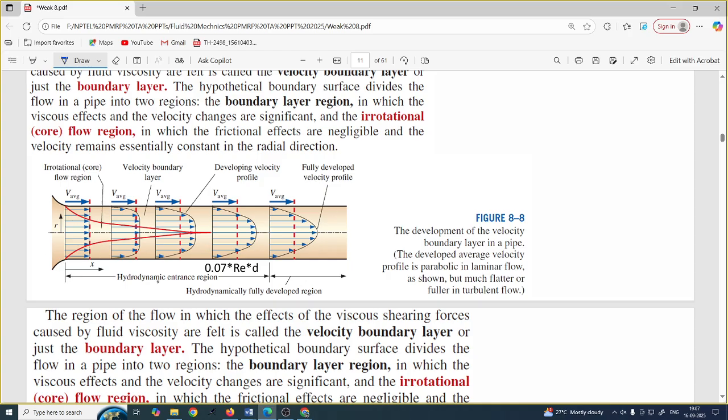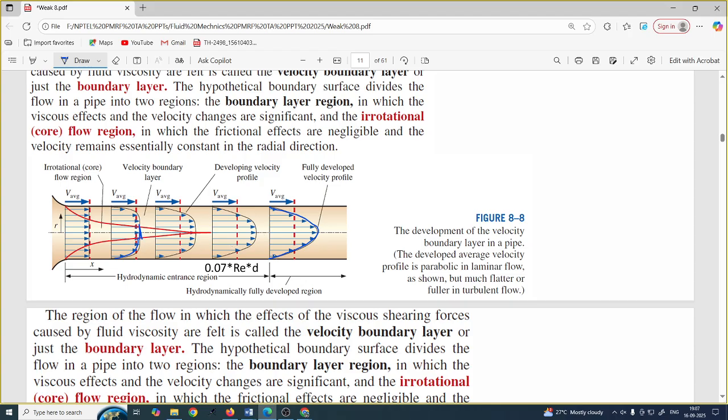So what is the fully developed region? The fully developed region means when your velocity distribution completely gets the parabolic shape. Here you can see the parabolic shape is only up to here. Here it is not parabolic. So once you come to a particular distance, your velocity distribution is completely parabolic.